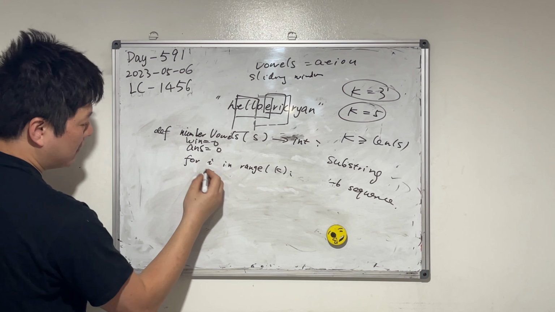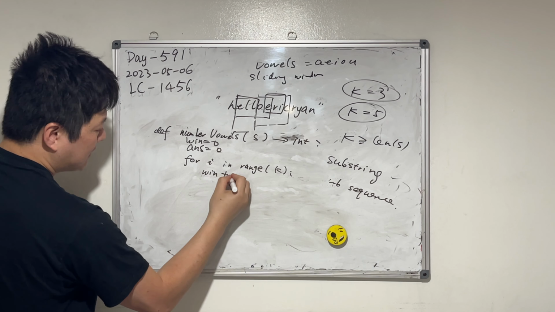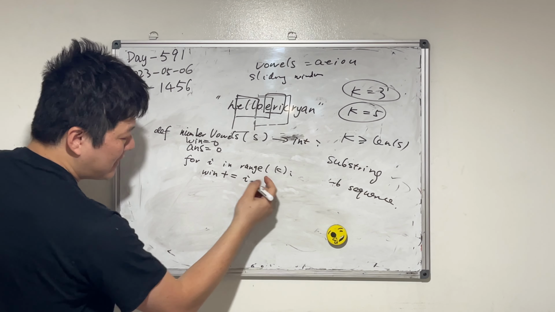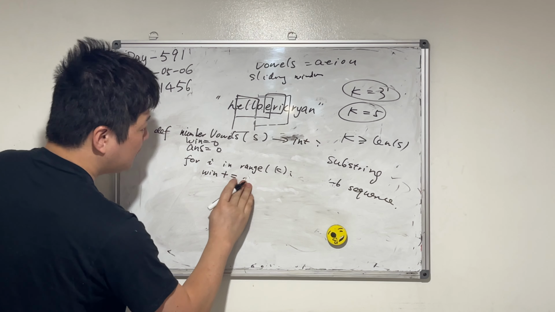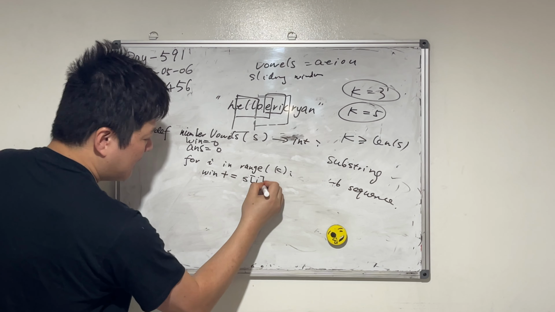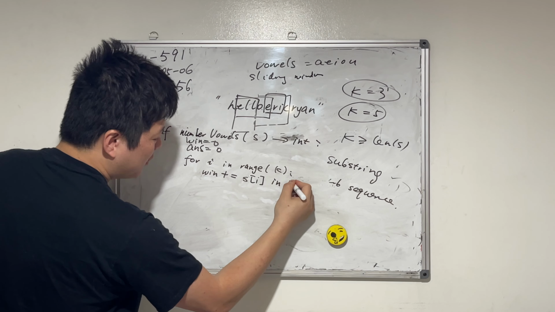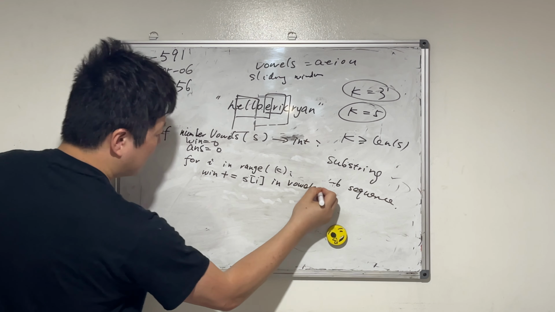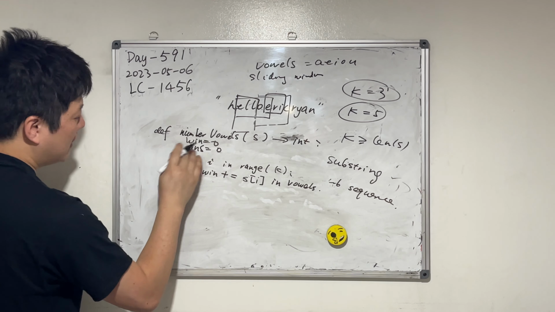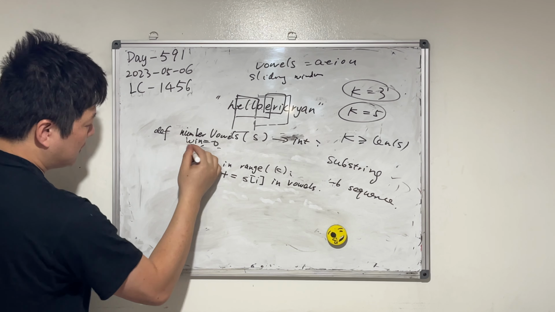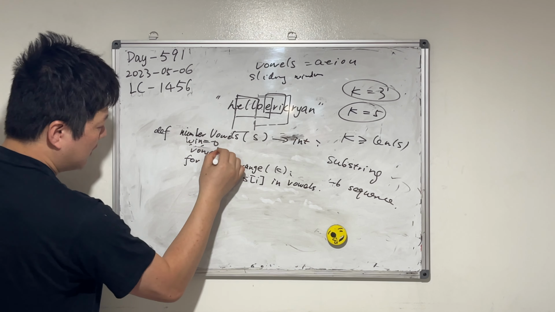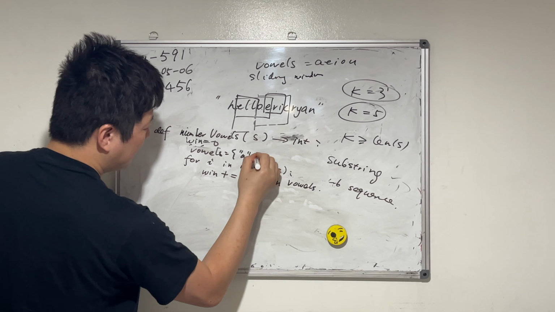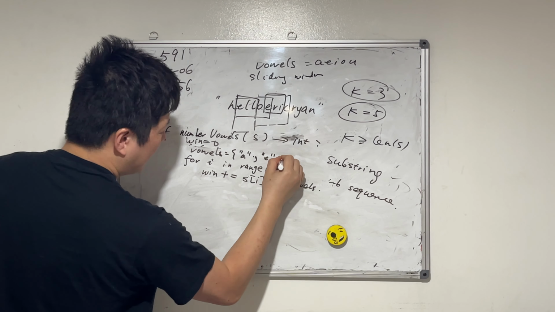Window plus equals the I. If this s[i] is in the vowels, which is vowels in V. What's vowels? Vowels is a set of A, E, I, O, U.